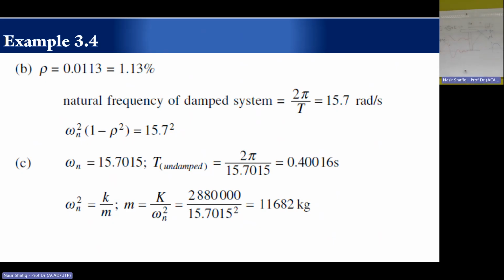So by looking at this, the damping ratio of the tank is 1.13%, 0.0113.